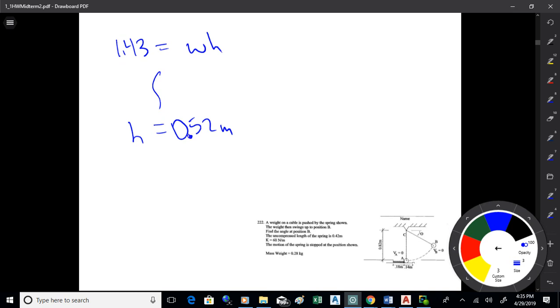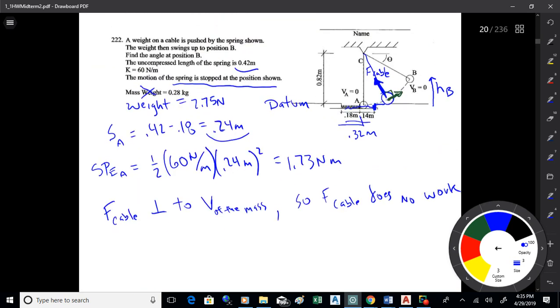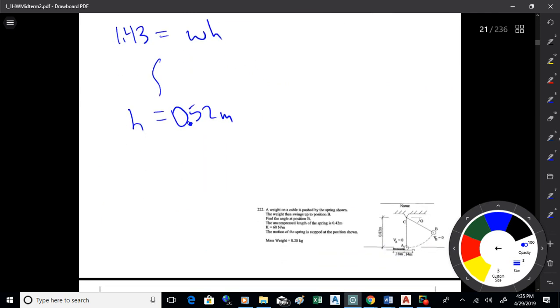That's the height of it, and you can find that using the work energy stuff. So once you've got that, that's H. Now, that's above the datum. So that's HB. So what you've got is this ball up here, and it's swung up to that height above the datum.